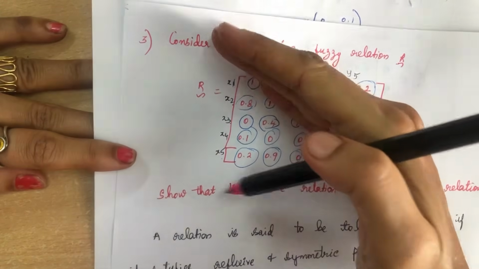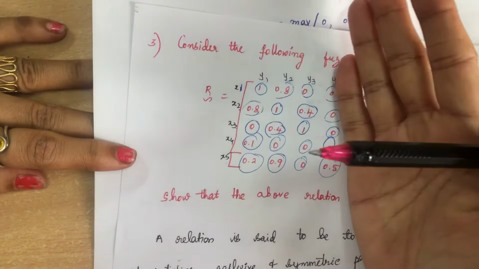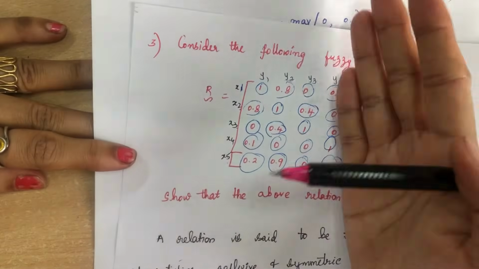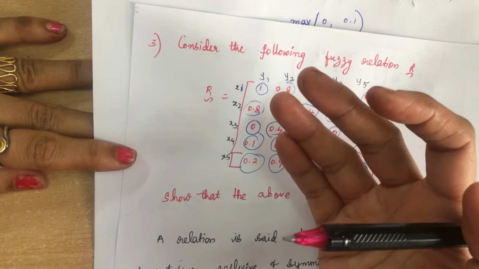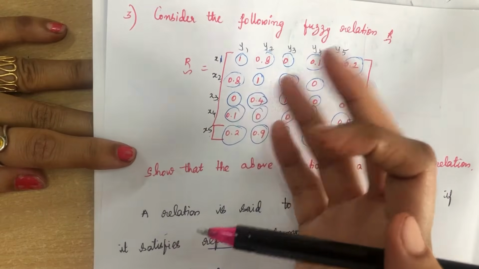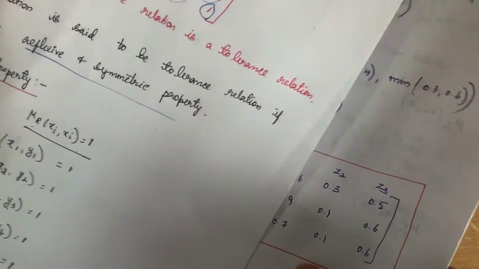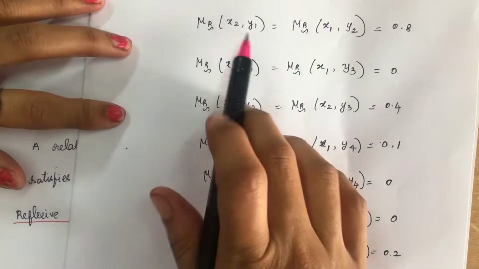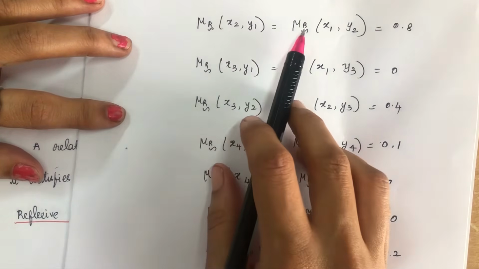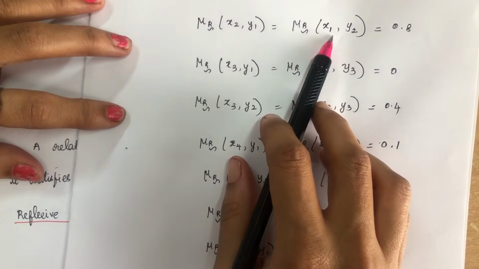0.5. So when you take the diagonal, all the values in the upper half and the lower half should be the same. When they are the same, then you can say that the relation has the symmetric property. So what I have written is, the membership value of x2 comma y1 will be the membership value of x1 comma y2.